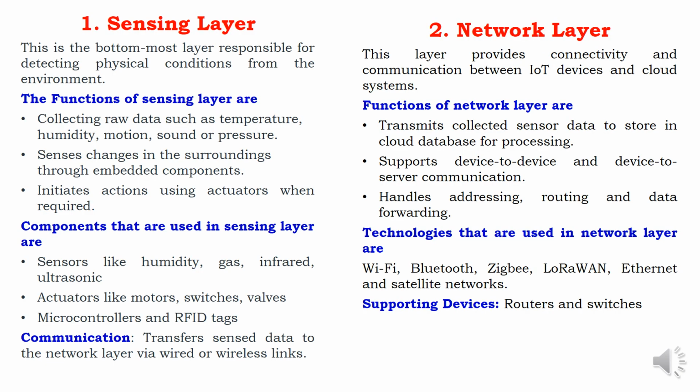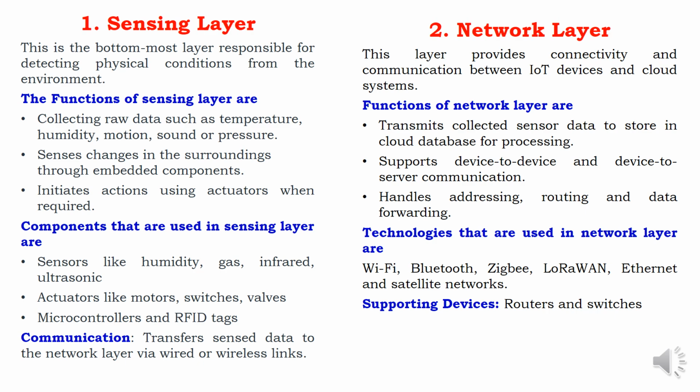The first one is sensing layer. This is the bottommost layer responsible for detecting physical conditions from the environment. The functions of sensing layer are collecting raw data such as temperature, humidity, motion, sound, or pressure. Senses changes in surroundings through embedded components. Initiates actions using actuators when required.